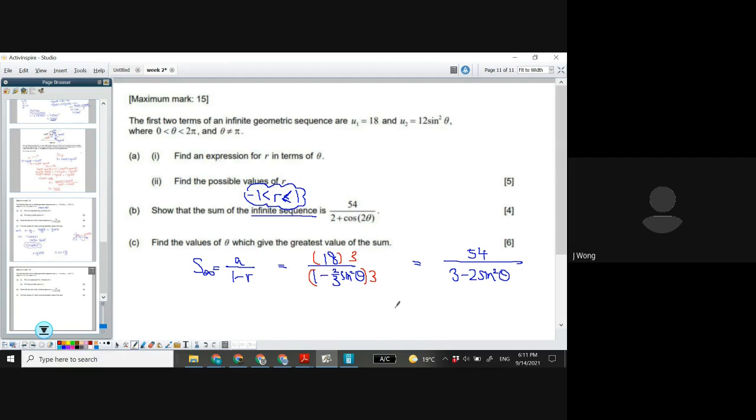So we could use the double angle formula for cos, which we know cos 2 theta is cos squared theta minus sine squared theta. Particularly because I want a connection between cos 2 theta and sine squared theta, I will put my identity in terms of sine squared by changing that. So that will be 1 minus sine squared if you use the identity.